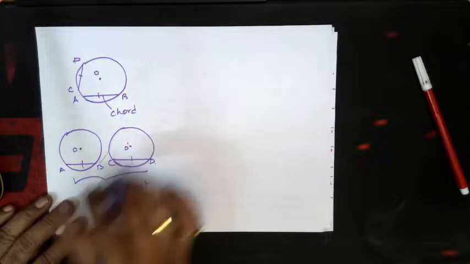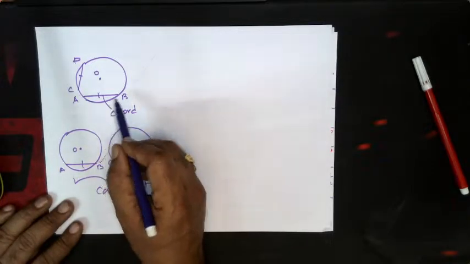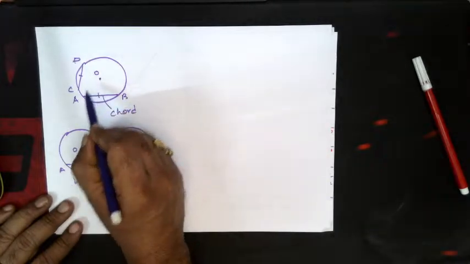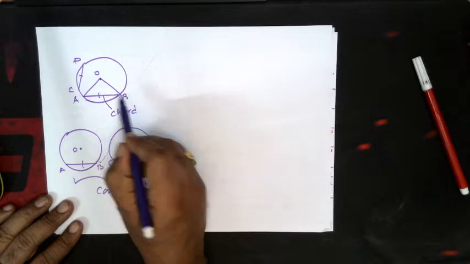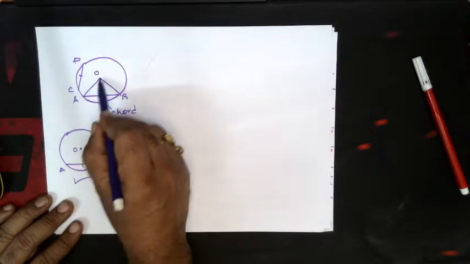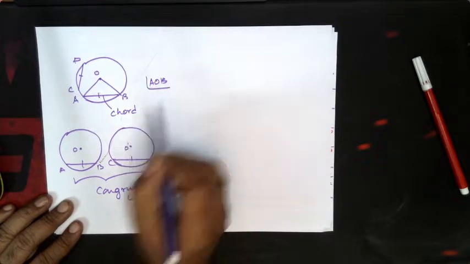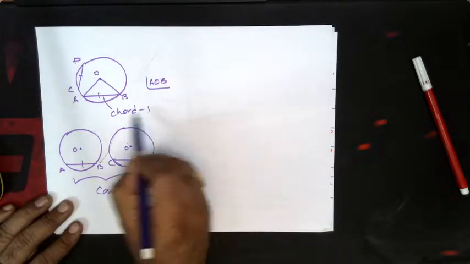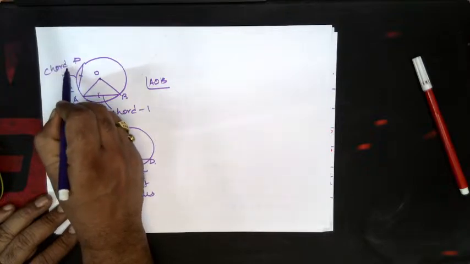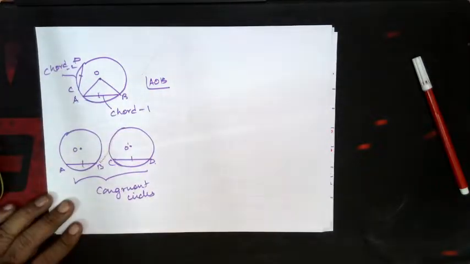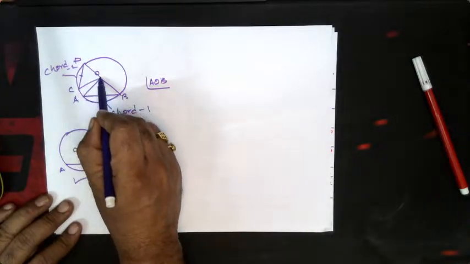So equal chords subtend equal angles at the center. At the center means this is the center, so it has an angle like this. So AOB is an angle. This is chord 1. Let me have chord 2, for which the angle is subtended at the center.